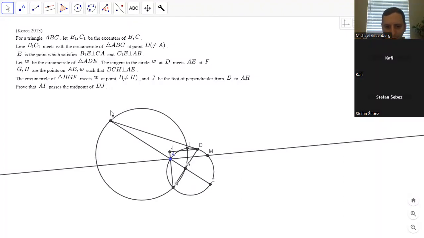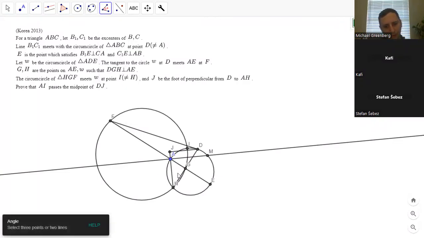It seems like it should be an angle chase. Since angle HAM is 90, HIM is 90. So we just need to show angle HIF is 90.